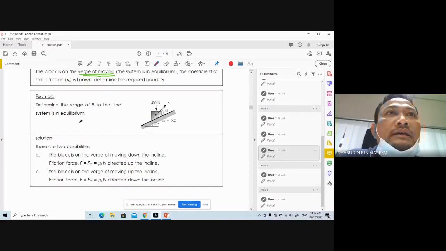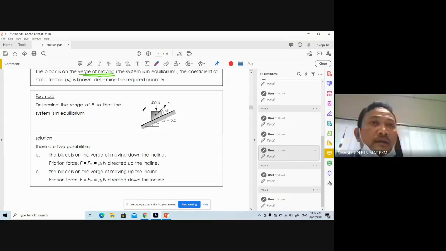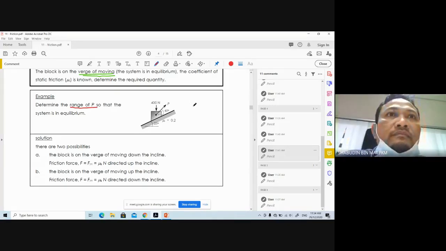Determine the range of force P so that the system is in equilibrium. Why does it say that force P is in a range? Because the object may fall down or it may move up.